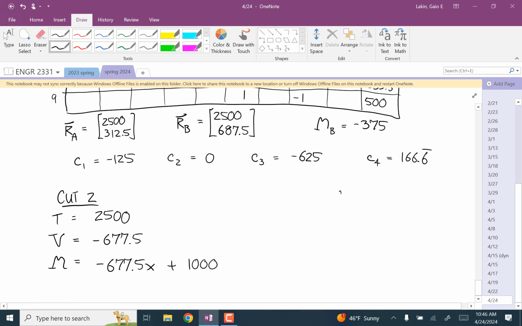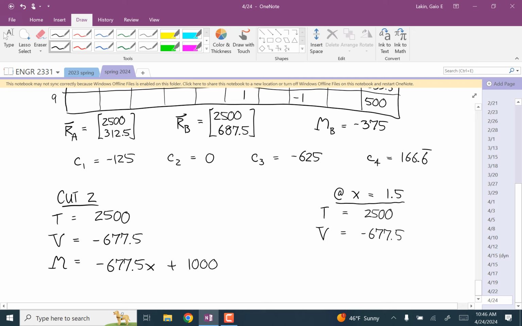And so at X equals 1.5, that's where we're trying to calculate this stress. We have T is equal to 2,500. V is equal to negative 677.5.